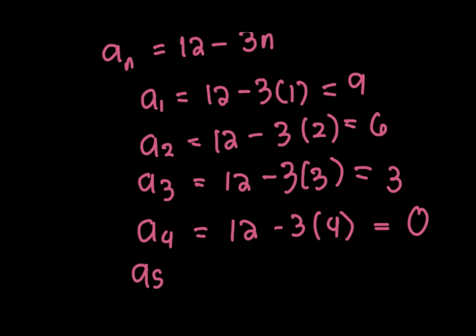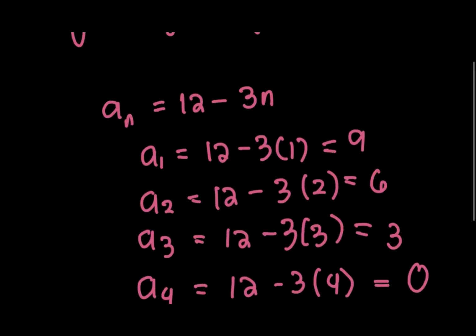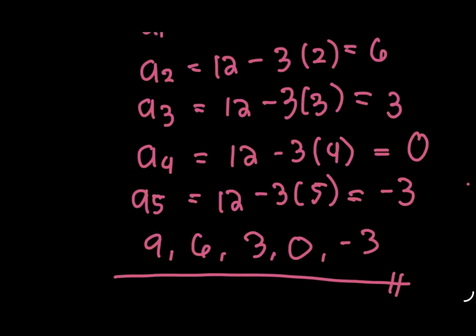Now for the fifth term, that is 12 minus 3 times 5. 3 times 5 is 15. Therefore, we have negative 3. So our sequence, or the first five terms, is 9, 6, 3, 0, and negative 3. And this is in decreasing order.